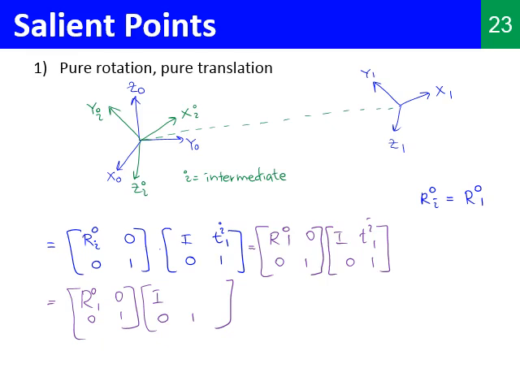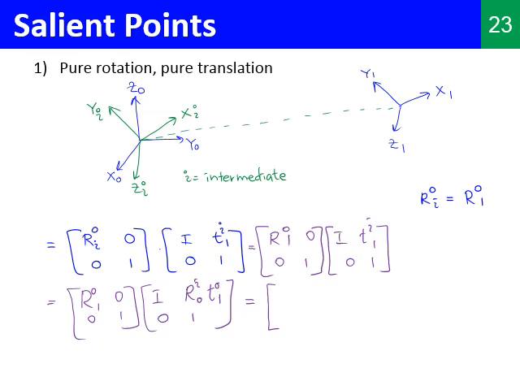So I can have Ri0, the rotation matrix between frame I and frame 0, and then I can have this to be T01. Do you agree with that? So it's the same thing. So this equals Ti1.